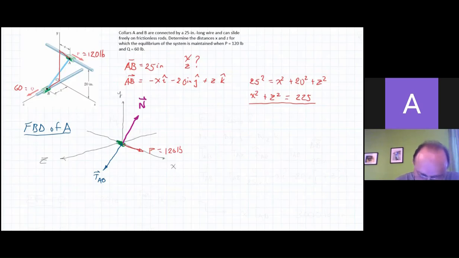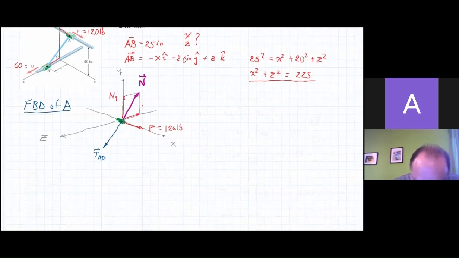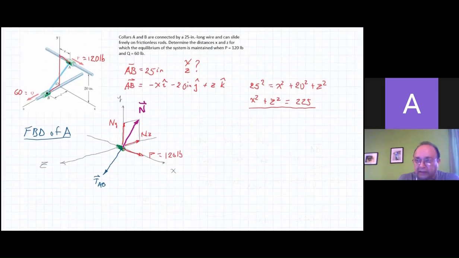Let's decompose this force into rectangular components. So we will have here a vertical component that we can call Ny, and a horizontal component that we can call Nz. What other forces do we have here? I guess that's it. So that will be the free body diagram of collar A.